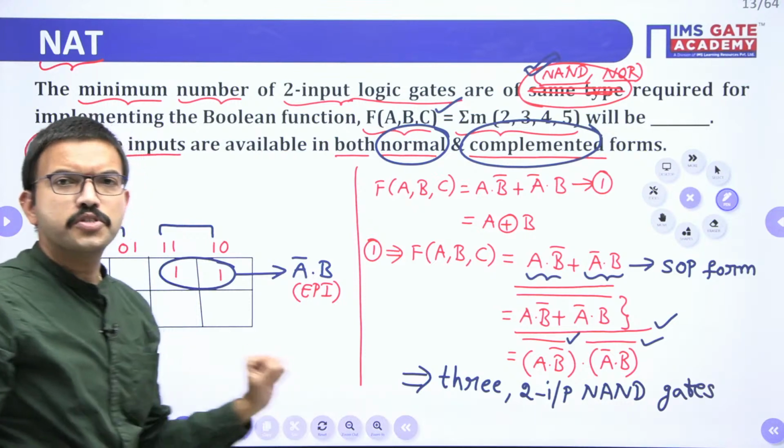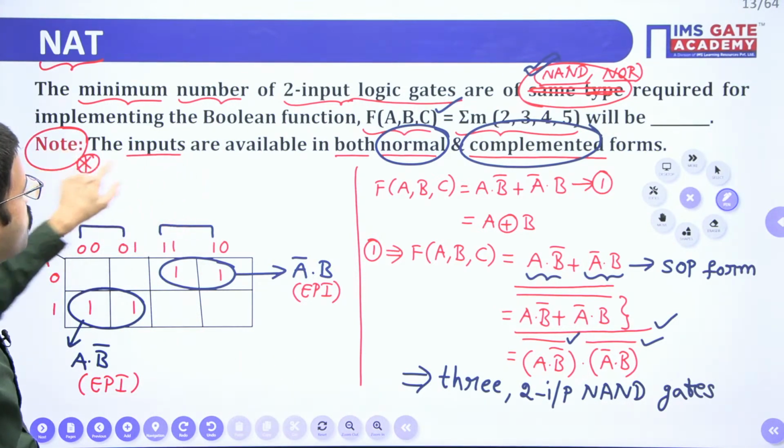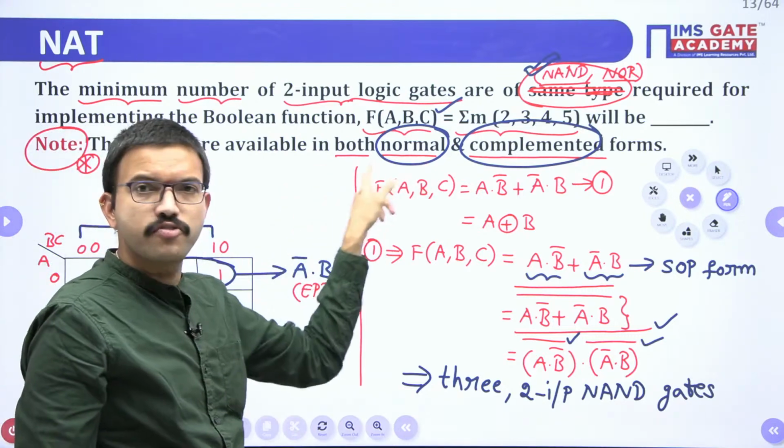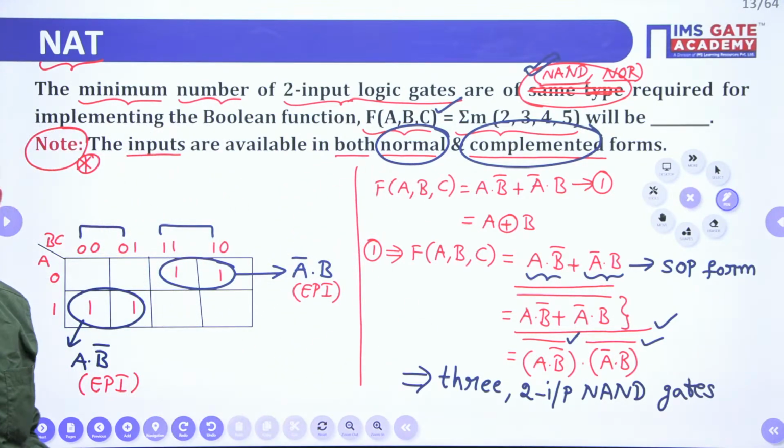Suppose they mention that only the inputs are available in normal form, in that case, what is the answer regarding NAND gates? How many do we require?